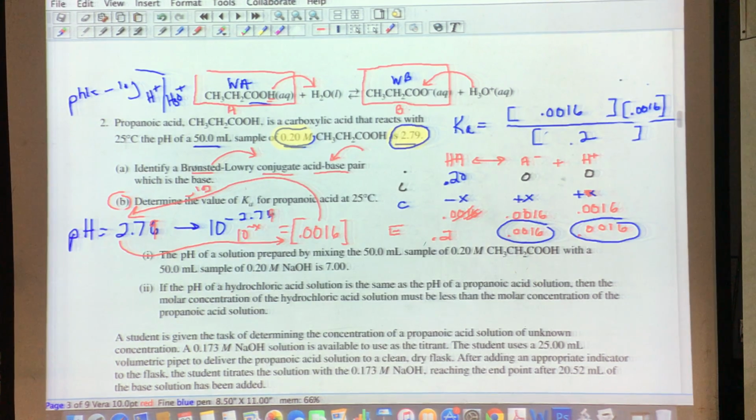And that's our K. So square that, or in my calculator, divide by 0.2. Okay, and I get my Ka, and this would give you 3 points, by the way. Ka is equal to 1.32 times 10 to the negative 5.